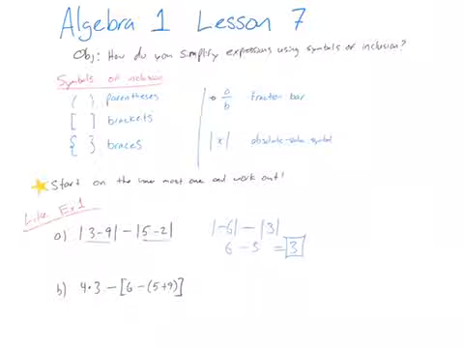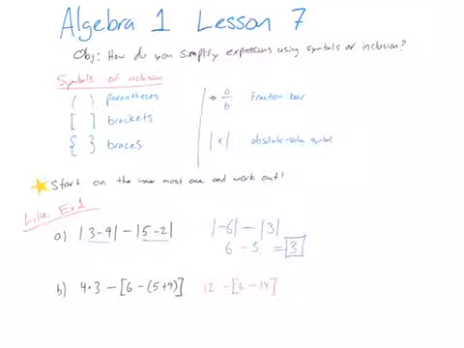This next one says 4 times 3 minus this. Notice I have this set of parentheses right here, and I have this one. This one goes with this one, and then I have this one inside those brackets. So I'm going to start with the innermost one, simplify that, and then work our way out to get rid of the other ones. This is going to be 4 times 3, which is 12, minus 6 minus, 5 plus 9 is going to be 14.